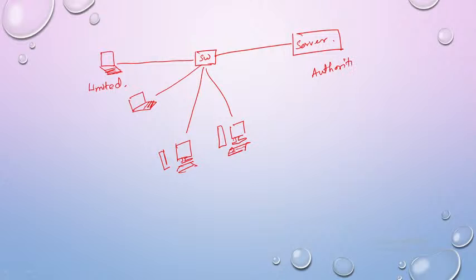As you know, servers are the authorities, and the switch is just a medium between the client and the server itself. It is for transmitting data from one end to the server or from the server to one of the ends.